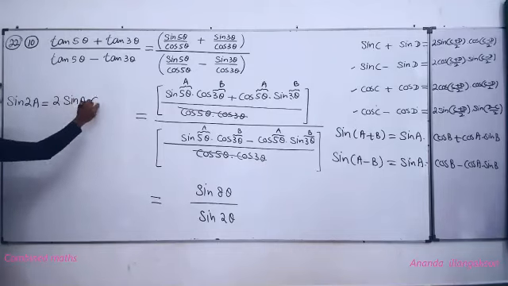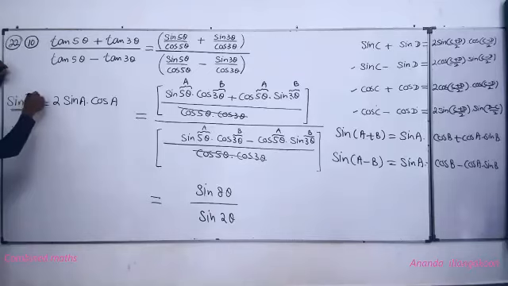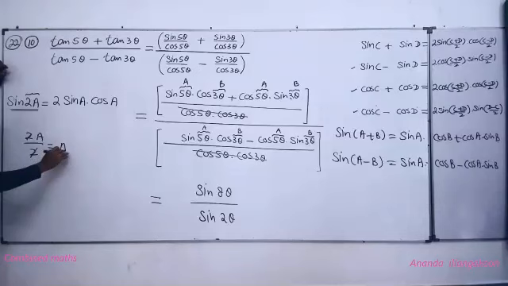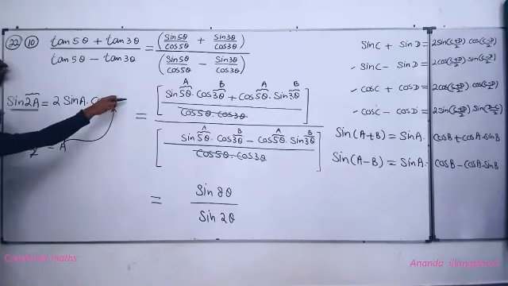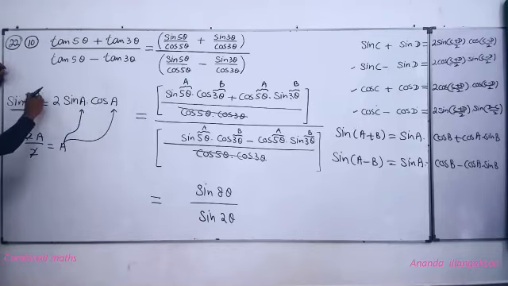2 sin A cos A. We match the left and right sides like this. For sin 2A, first divide the left-hand side angle by 2. Canceling, we get A. That angle comes in here and here, at these places, the angle obtained by dividing the left-hand side angle by 2.